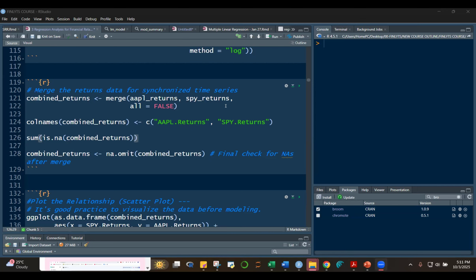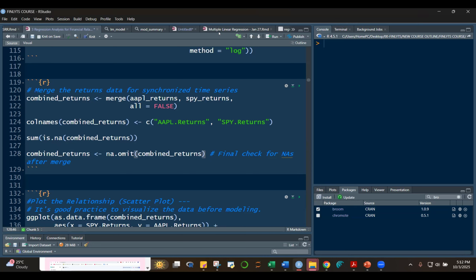Instead of apple.adjusted, it will now become Apple returns and SPY returns. And then this one will check if there are NA values there, which wala naman siya. So 0 yan. And then na.omit will not result into anything because there are no rows to omit.